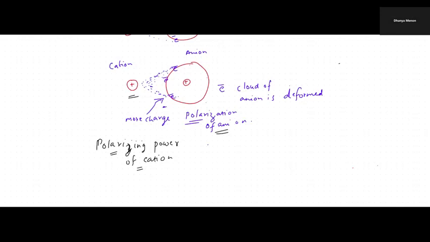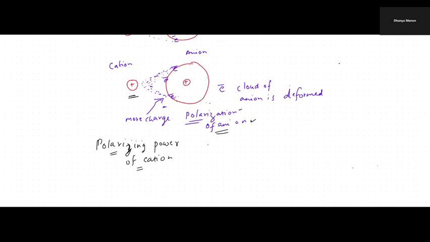Because the cation attracts the electrons of the anion, and because of which the electron cloud gets deformed, and this is called polarization of anion. By whom? By the cation. And what is it called when the electrons are attracted by the cation? Polarizing power, because it is making the anion get polarized.